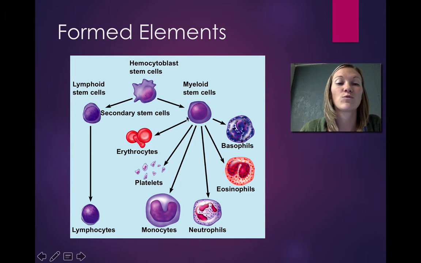The myeloid ones will give rise to the erythrocytes, the platelets, the monocytes, the neutrophils, the eosinophils, and basophils, whereas the lymphoid stem cells will give rise to the lymphocytes. And in the next video we'll talk a lot about how these formed elements are developed and how they're used.